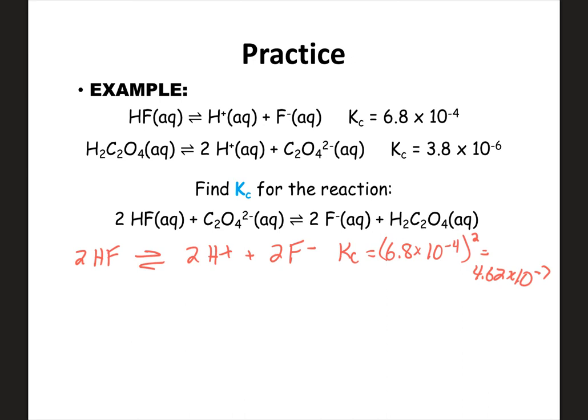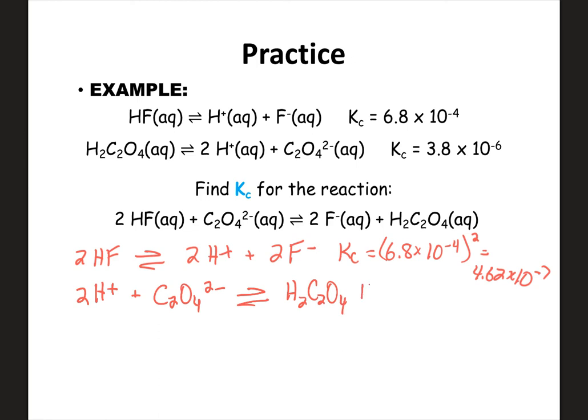Remember, when you flip an equation, you have to do 1 over the Keq for that new reaction you wrote. So when I flip this one, I'm now going to have 2H plus on the left plus the C2O4 2 minus in equilibrium with the H2C2O4 here on the right side.